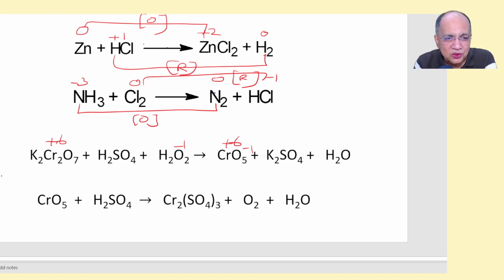Simply hit and trial. So you have 2 chromium here, so you multiply by 2. And there is 2 potassium, 1 sulfate, 1 sulfate. And 5 2s are 10, and out of the 10 oxygen atoms, 8 are of -1 type, because there are 4 oxygens of -1 type.